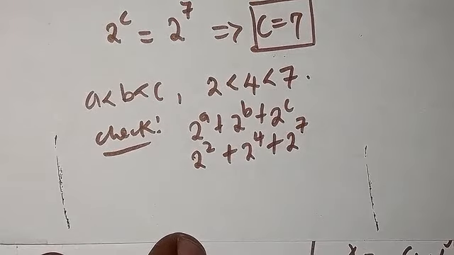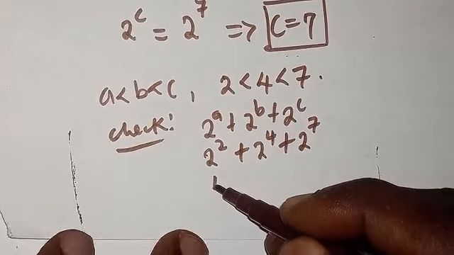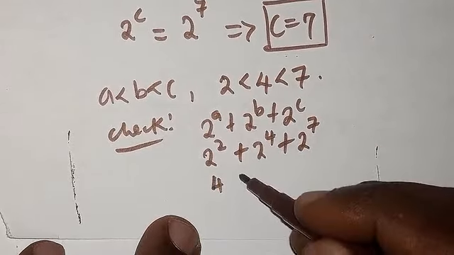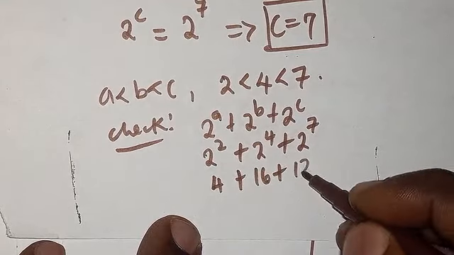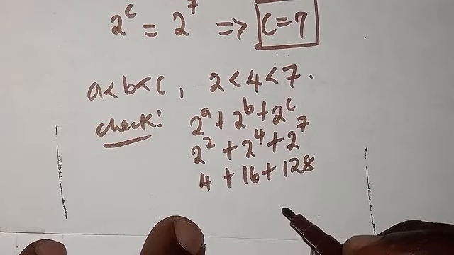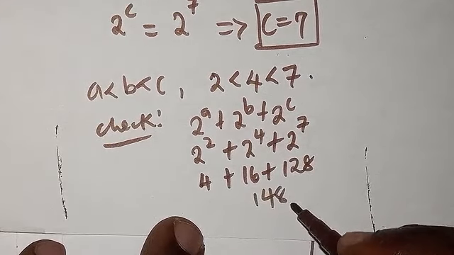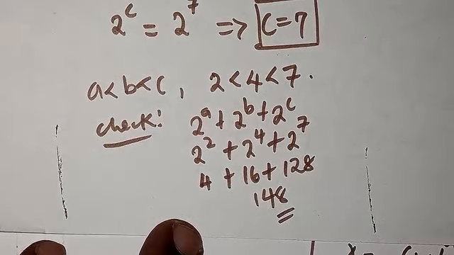Okay, so that is going to give us 4 plus 16 plus 128. If you add all of this together, you see that we are going to have 148, which shows that we have the valid solutions.